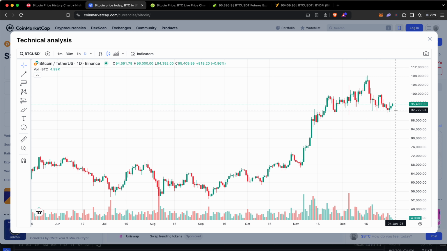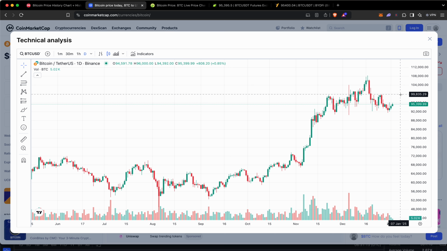But I personally think it's going to go higher, probably not above 100K by the end of this weekend, and maybe not into the beginning or early part of next week. But I think it is going to try to tiptoe its way up to 100K again, and then maybe just create a little range in this area. That's what I'm seeing right now.